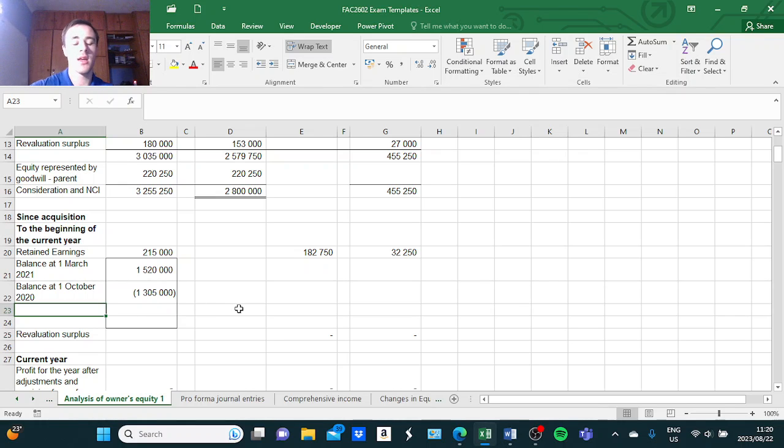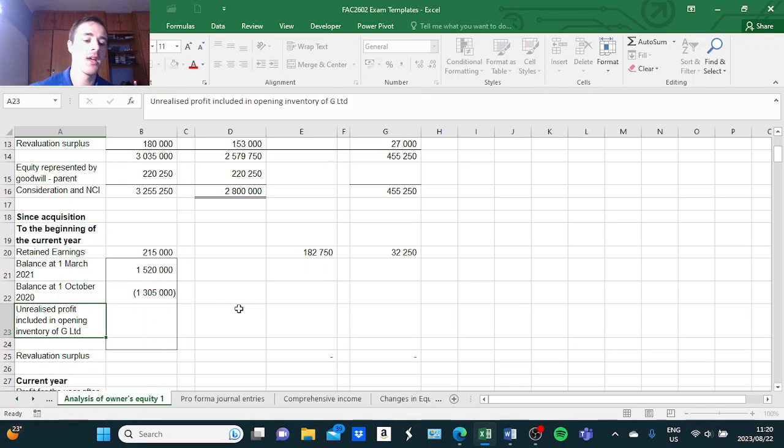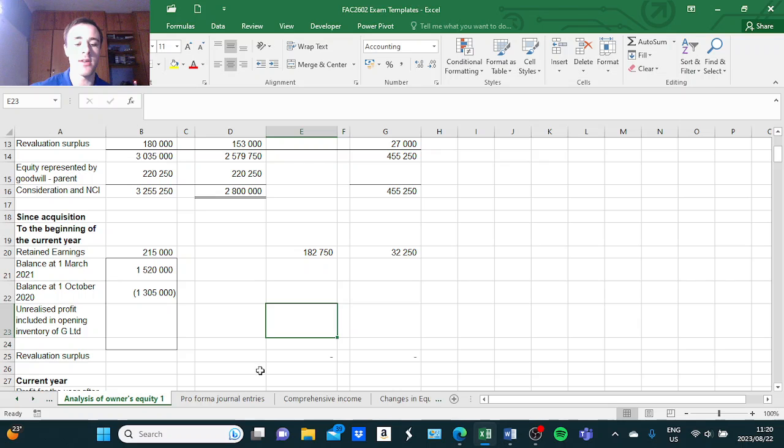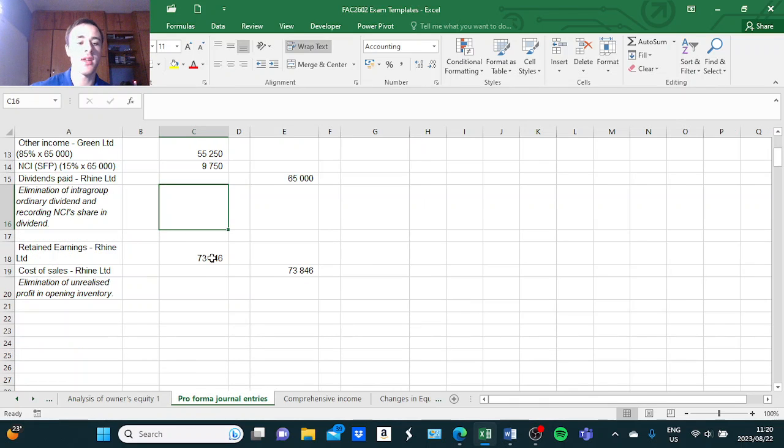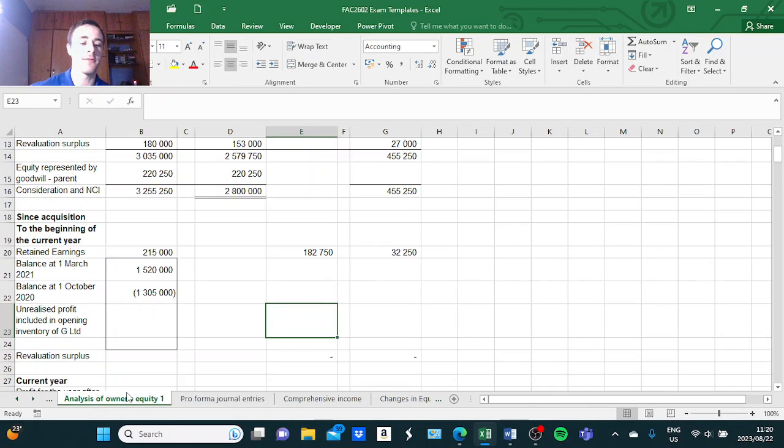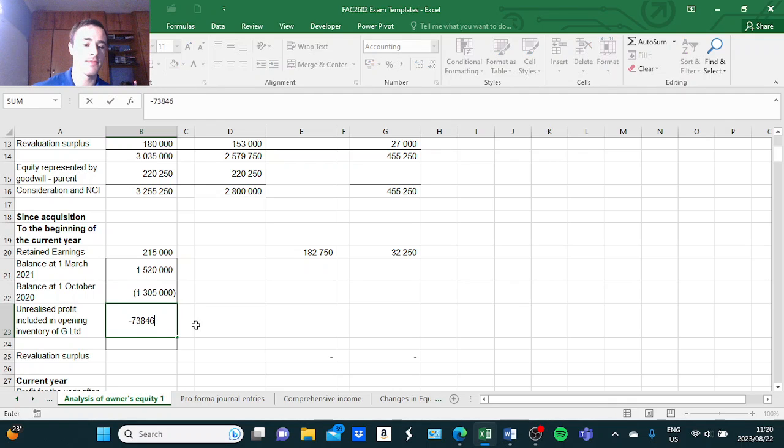So this will be unrealized profit included in opening inventory of Green Limited, or G Limited for short. And because we are debiting retained earnings through this journal entry, we will show this as a negative adjustment, 73,846.